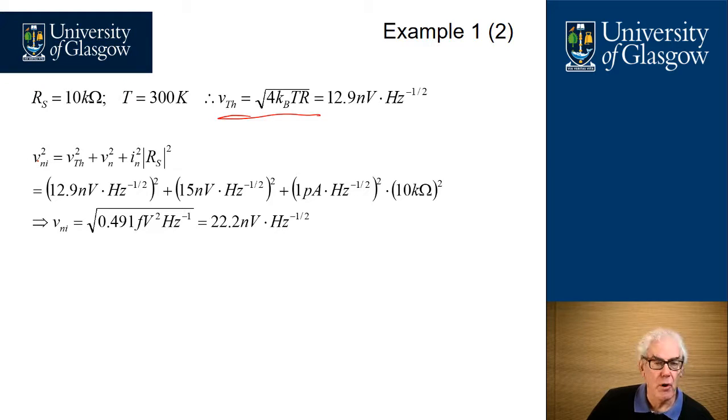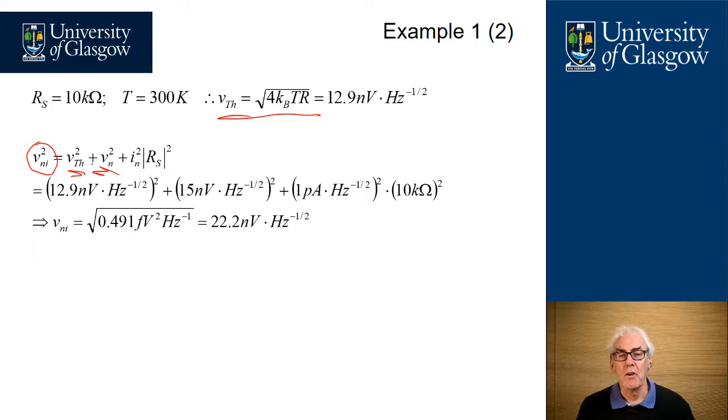We want to work out all the noise sources, so the total input noise is the Thevenin noise due to the impedance of the source resistor, Vn, which is the noise voltage from the amplifier itself, and then we have this term here, which is the noise current generating a noise voltage across Rs.